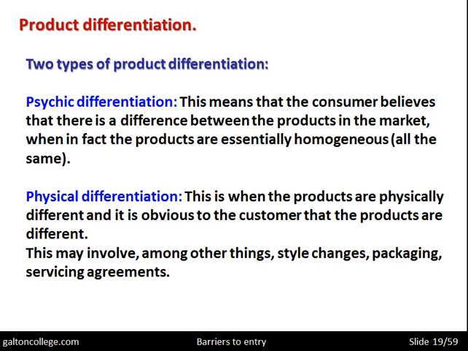The existing companies in the market may use repetitive advertising to gain a psychic advantage by creating consumer loyalty, perhaps to the brand. They believe that the brand is a special quality, a special image.